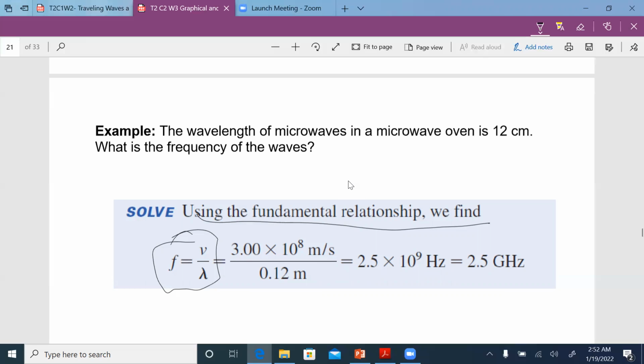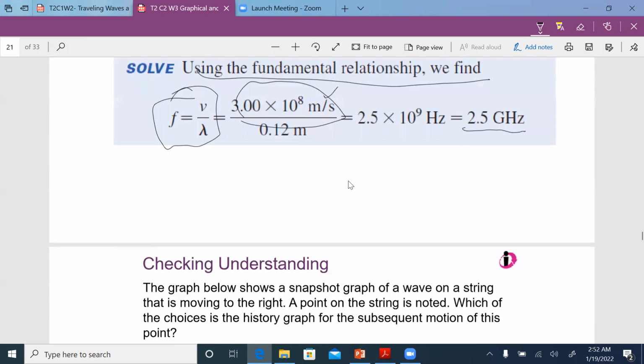So we always use this relationship, F equal to V over lambda. We use the value for the speed of light here because it is a microwave. Electromagnetic waves behave the same way and they have the same speed. So we have that the frequency is actually 2.5 gigahertz.